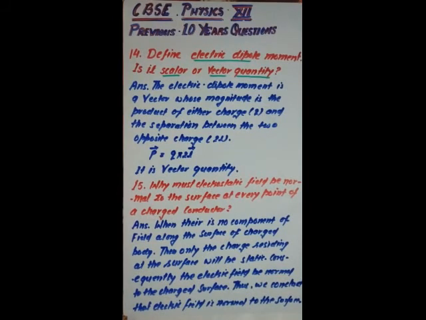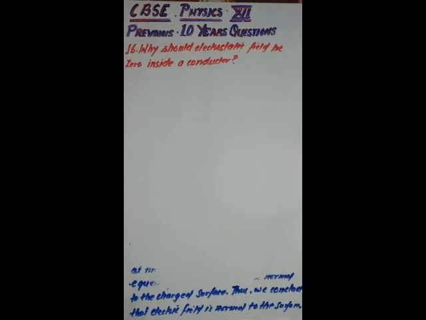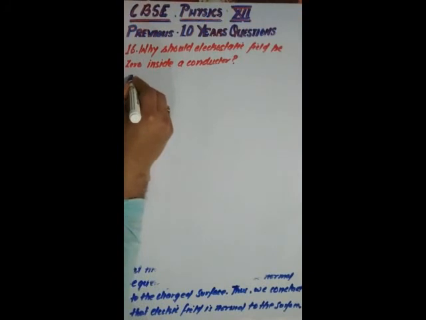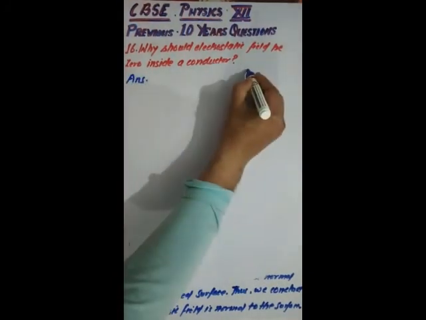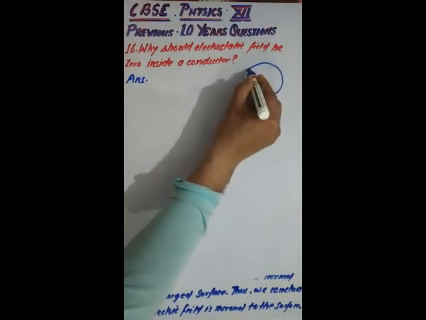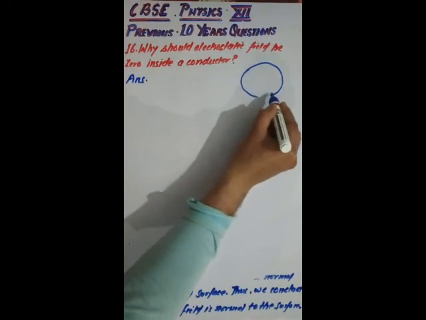The next question: why should electrostatic field be zero inside a conductor? Suppose it is a conductor.